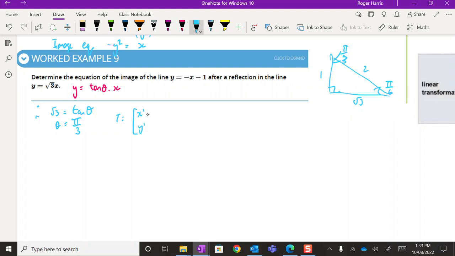I'm doing exactly the same approach, it's just going to be yucky numbers, and I think you'll find there's more to this one. But anyway, so I've got cos of 2 pi on 3, and I've got sine 2 pi on 3. I wrote it 2 theta first, cos 2 theta, sine 2 theta, and because of the fourth quadrant, cos 2 theta is negative, and I'm going to times it by my x and my y.